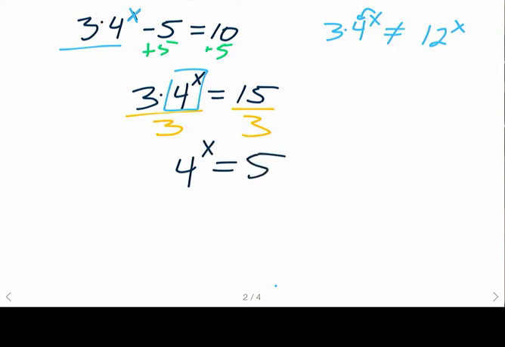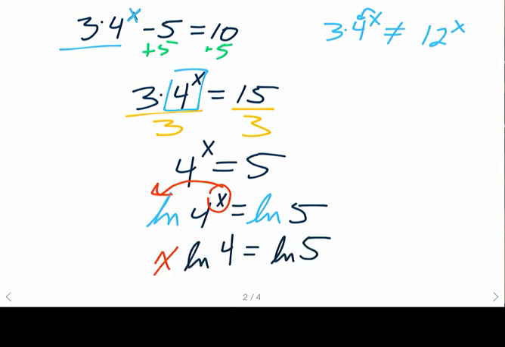It's just like the first problem. So what we're going to do is apply the natural log to both sides. Natural log of 4 to the x is equal to the natural log of 5. And then use that property of logarithms that says that I can bring an exponent out front.